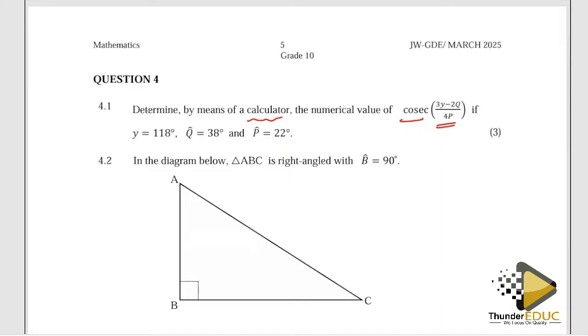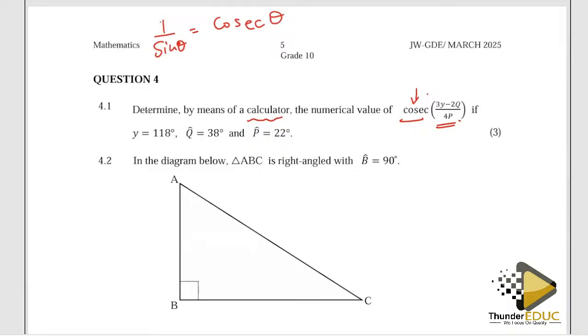So this whole thing is not a big deal. The big deal is the cosec. So we know that cosec is just the reciprocal ratio of sine. So if we have, let's say, 1 over sine of an angle, this must give us the cosec of that angle.